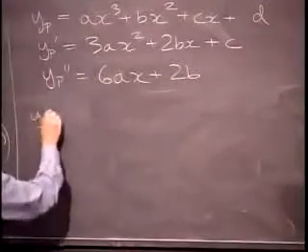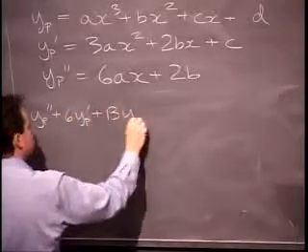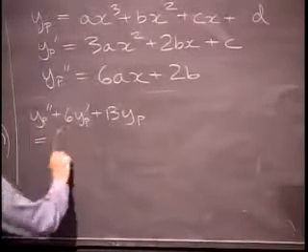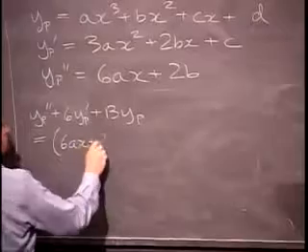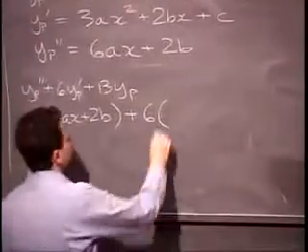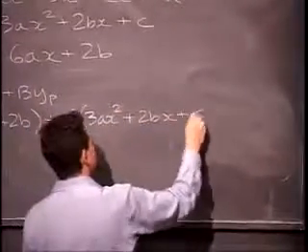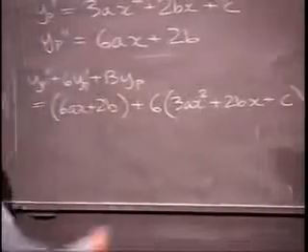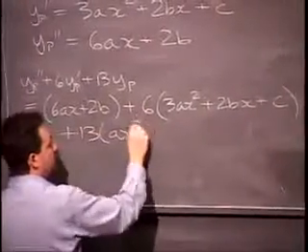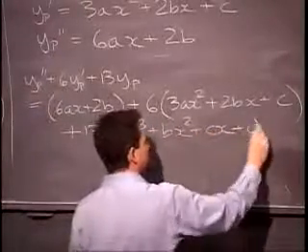yp double prime plus 6yp prime plus 13yp equals three lines. Second derivative is 6ax plus 2b. 6 times the first derivative, 3ax squared plus 2bx plus c. Plus 13 times the original, ax cubed plus bx squared plus cx plus d.